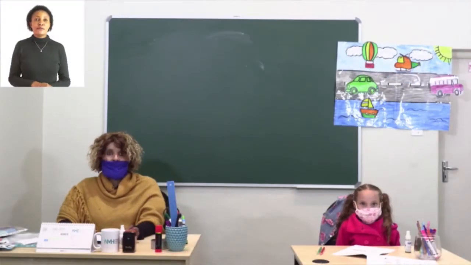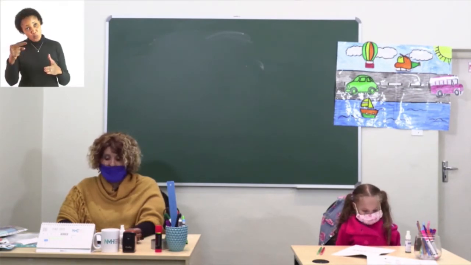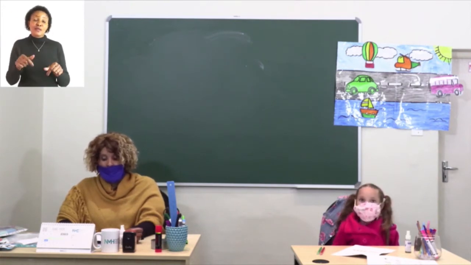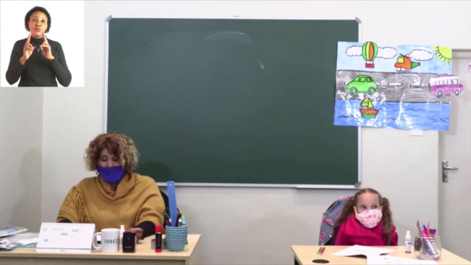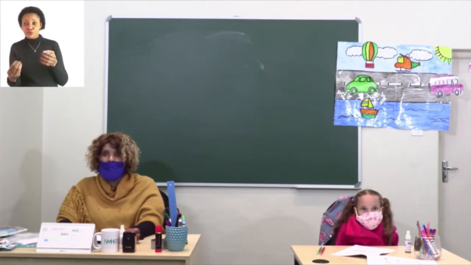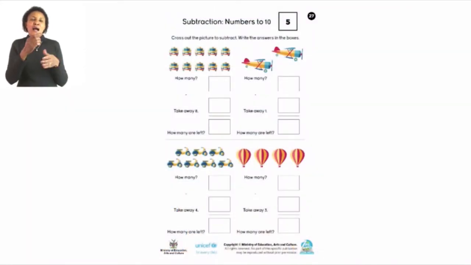This lesson is again about subtraction. I'm sure you remember what we have done previously. Today we are going to talk about subtraction again up to number 10. The instruction says on page 27. If you all go to page 27, it's all about subtraction. Let us read. Cross out the picture to subtract.